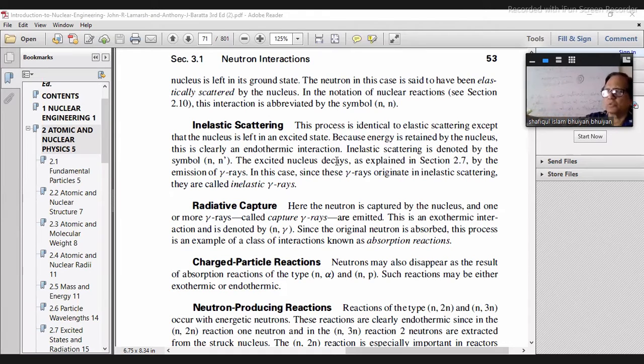Then they come down to the lower energy range, and then elastic scattering occurs. So this is the mechanism. First, it makes an inelastic scattering, but it should have high energy. It has a threshold energy, so it should have some high energy. At high energies in MeV, inelastic scattering occurs.